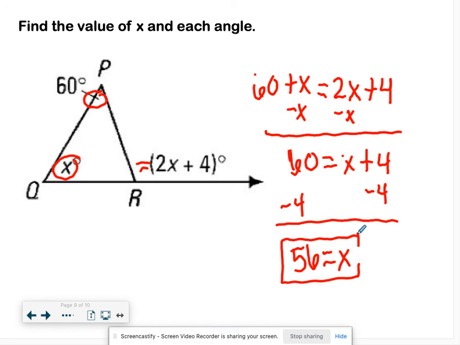Six. Did I mess up? Wait, no, it was 4. We're okay? Yeah. Okay. And if we plug back in, so this angle right here would be 56. Then this one, 2 times 56 plus 4.